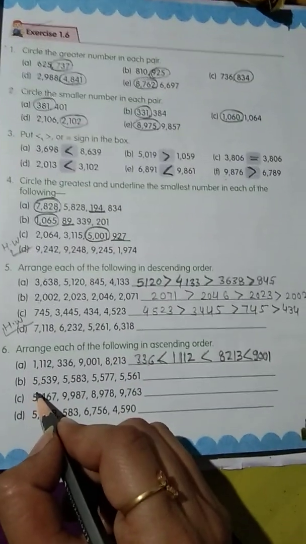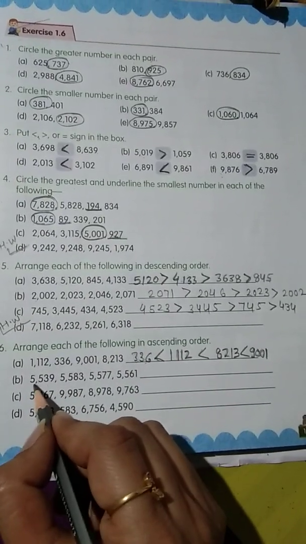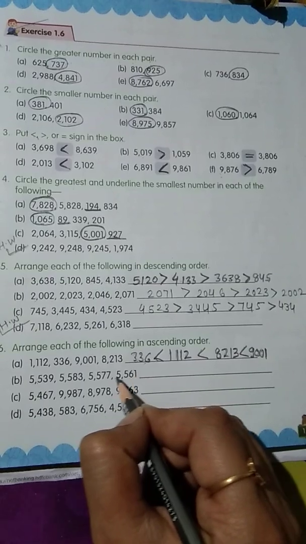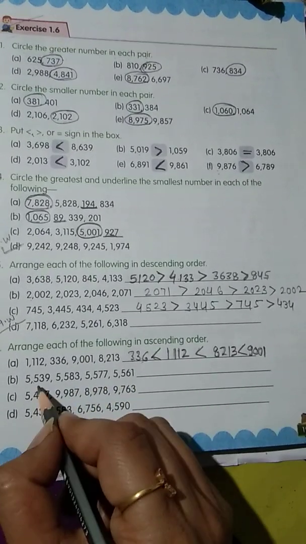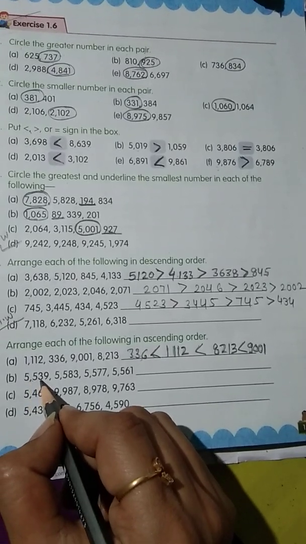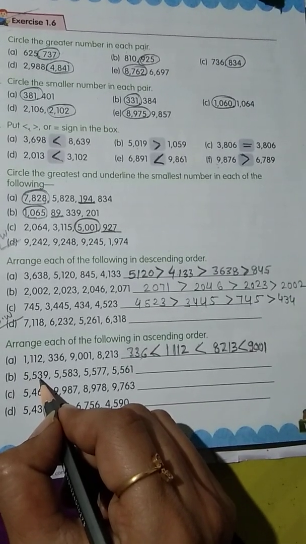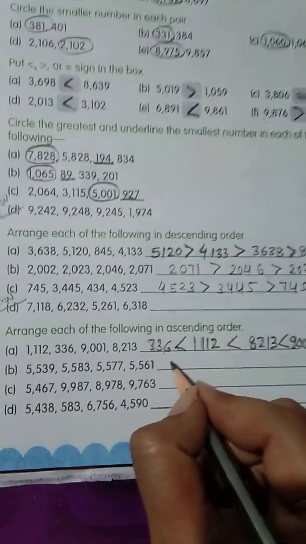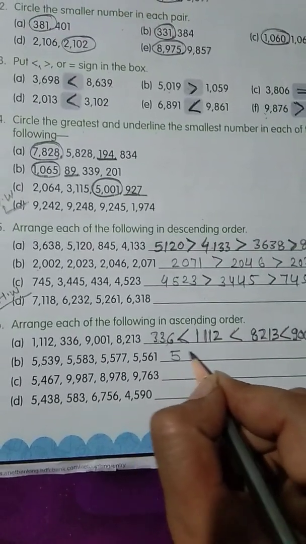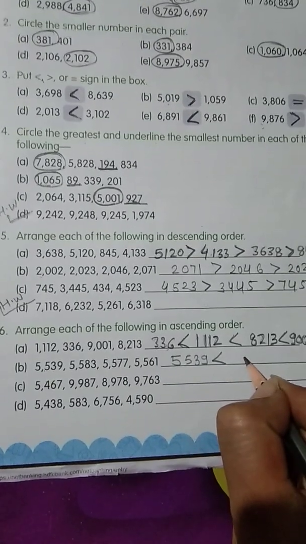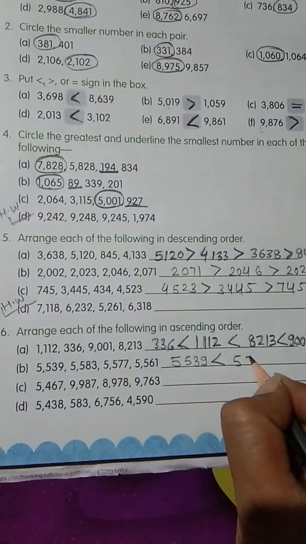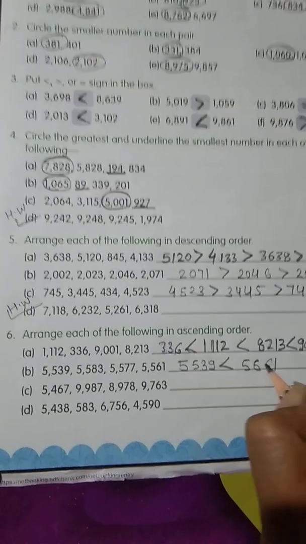Okay, now we are coming to here, B. So tell me the smallest one. I think 5539. Okay, so look at here, 5539. After then 5561.